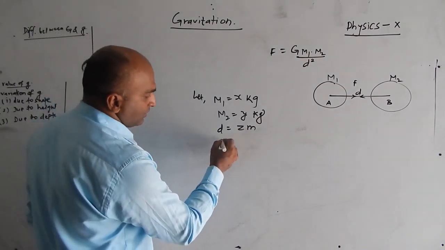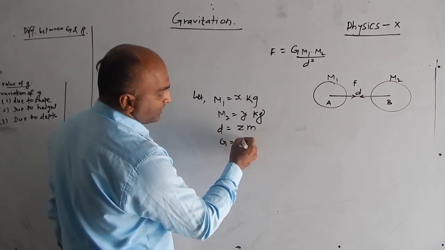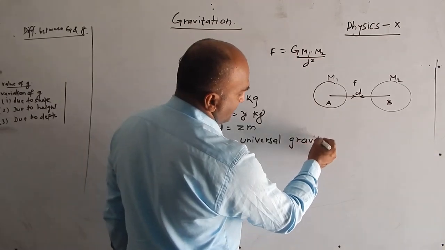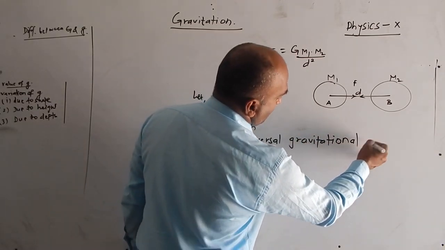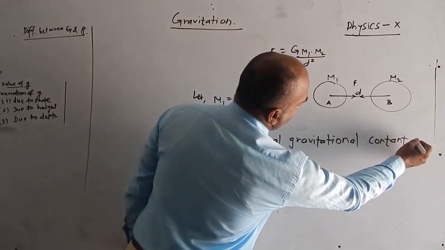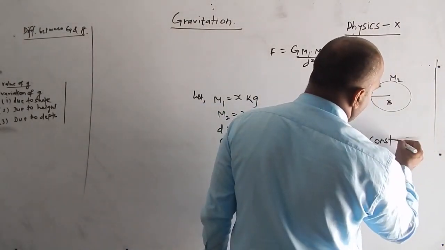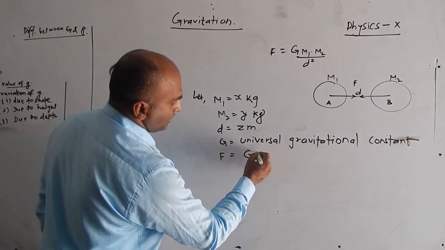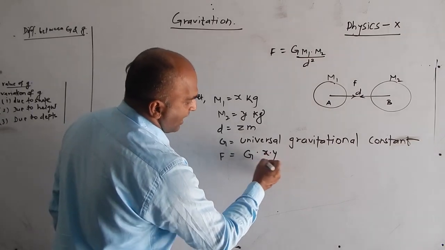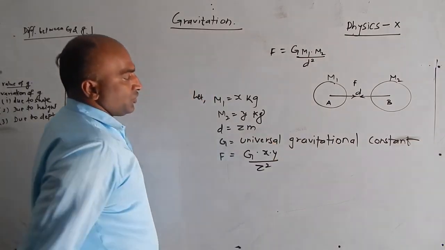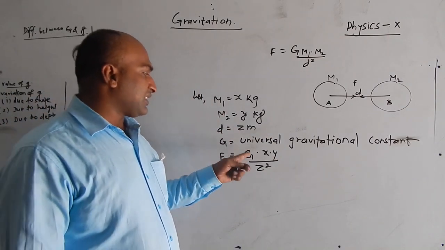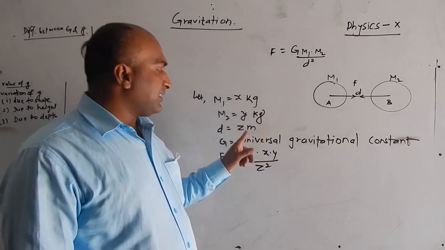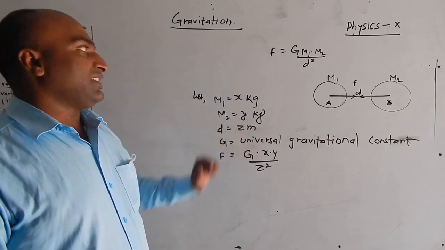If G represents the universal gravitational constant, then we can write F equal to G into X into Y by Z square. So this is the formula, this is the representation, if the masses are X kg and Y kg, and Z is the distance between their centers.